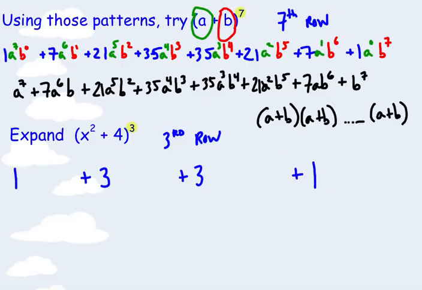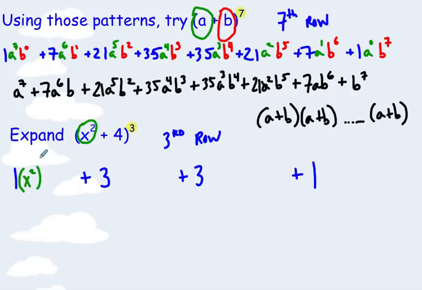Okay. Now the next thing is, remember when I circled the a? Now I'm going to circle the x squared. So this is changing just a little bit. Instead of just an a to a power, in this problem it's going to be an x squared to a power. So we're going to be taking x squared, and remember what the a's did? They went from 7, 6, 5, 4, 3, 2. They decreased. They started with this highest value.